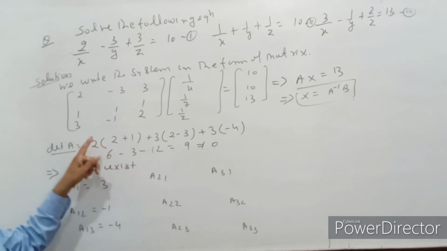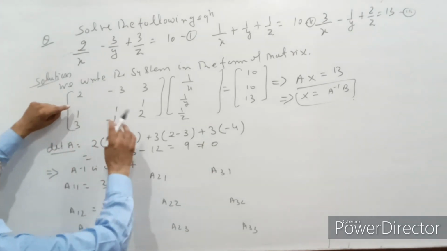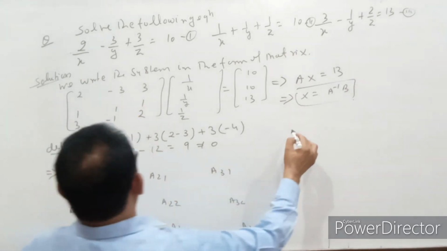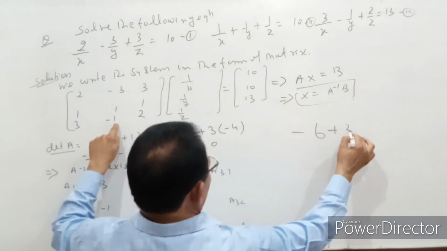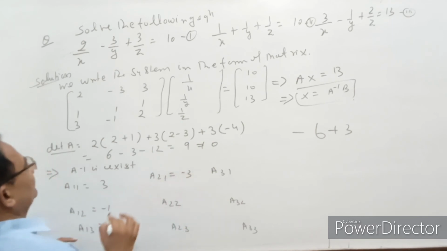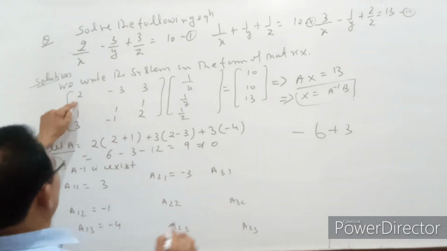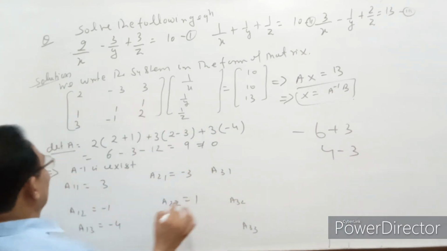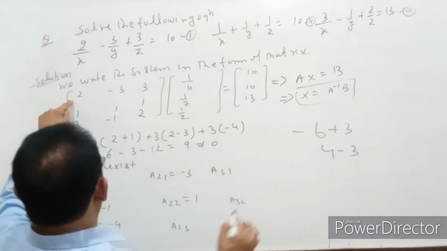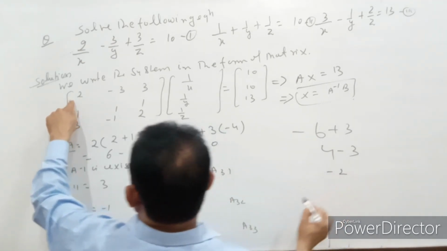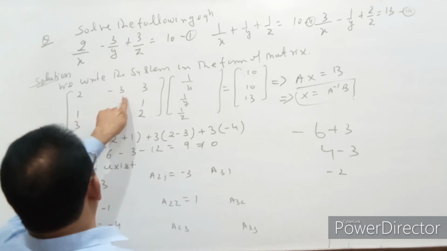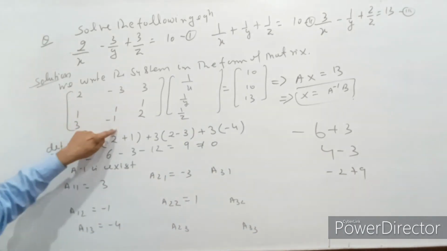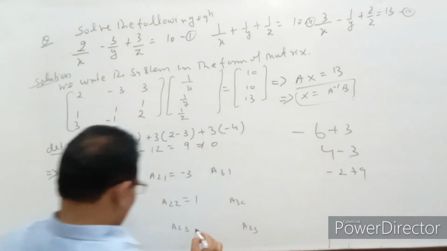Now the cofactor of the second row, सेकंड रो के कोफैक्टर तो दैट इज -6 और +3 दैट इज -3 और 2 to the 4 और -3, दिस इज इक्वल टू 1 और दैट इज -2 और +9. देखिए that is -2 और +9, 7.